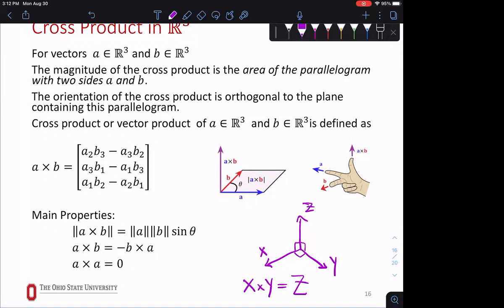Now, feel free to do y cross z and see what the answer is. Try to play with all three of them, and you should be able to get the direction correctly. Since there are three of them and they're all 90 degrees, if you do y cross z, this is in space, right? So it will be in the direction of x. That's why you need this to be able to do it in space.